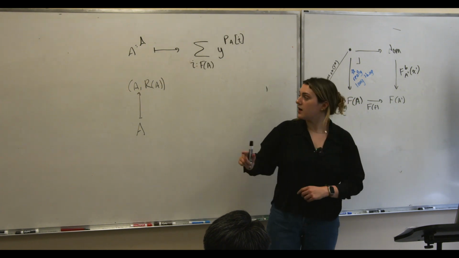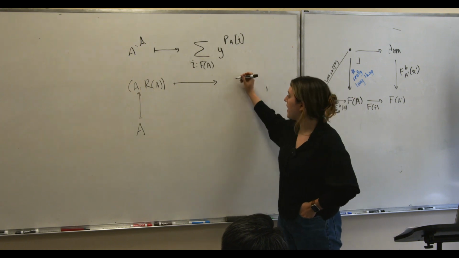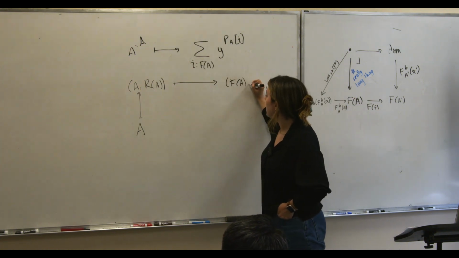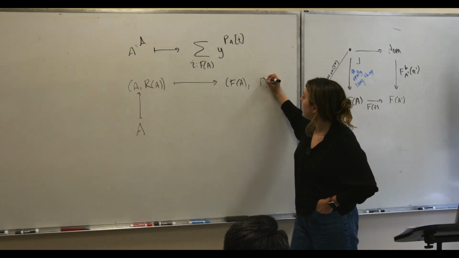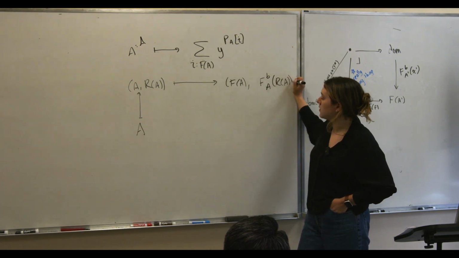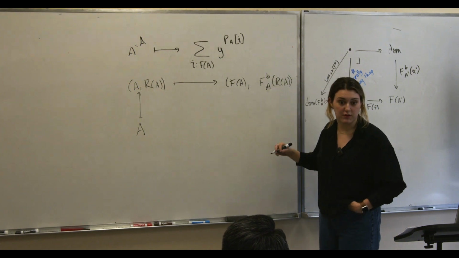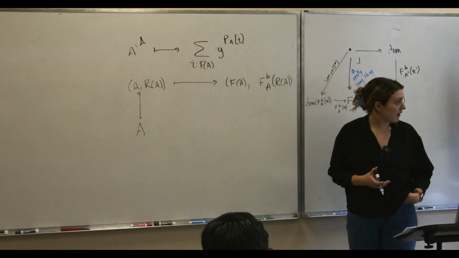And so then under lens F flat, this gets sent to the pair F of A, and then what we would call F flat of A, R of A.